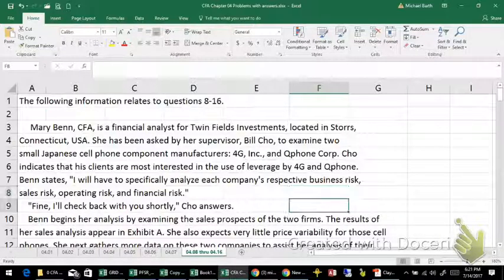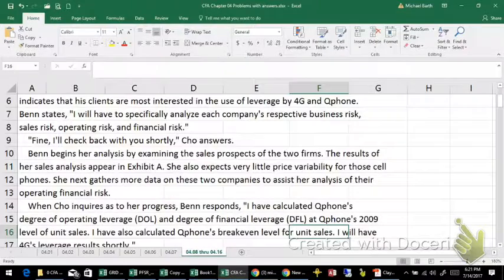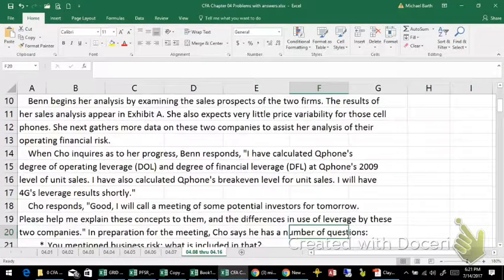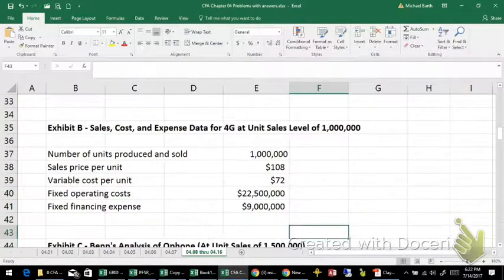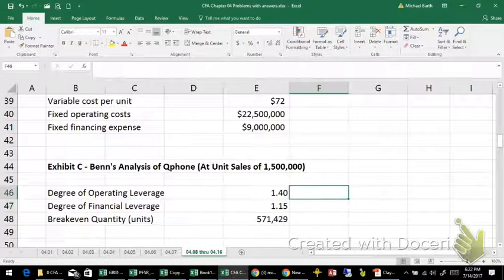And apparently her boss, Mr. Cho, doesn't understand this stuff, which I find hard to believe. But suspending disbelief. As Mary goes through, she produced sales analysis in Exhibit A. She did some calculations for Qphone in Exhibit C. She already calculated degree of operating leverage, degree of financial leverage, and break-even.